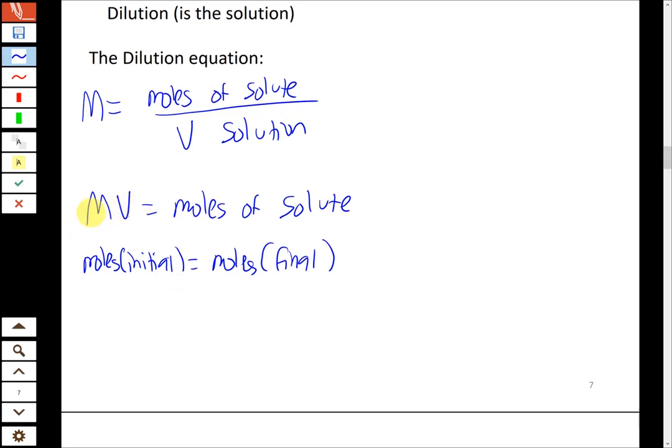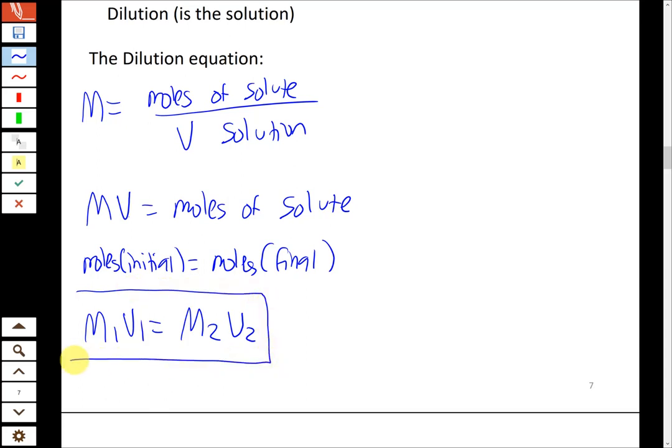So you set those two equal to each other: M1 V1, where M1 is the initial molarity and V1 is the initial volume, is equal to M2 V2, where M2 is the final molarity and V2 is the final volume. So the product of molarity and volume before and after dilution has to be the same because we're not changing the number of moles of solute. This simple equation is what we call the dilution equation, and this is what we're going to use.